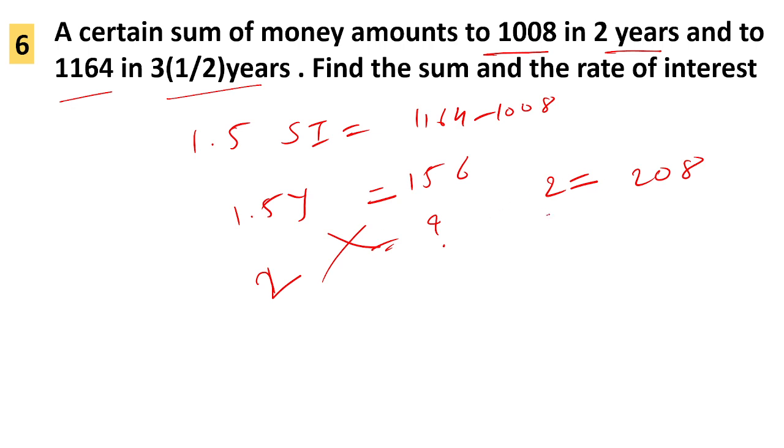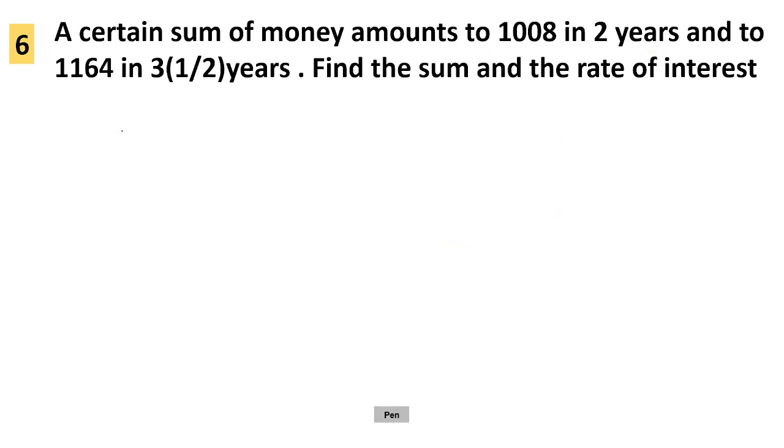Okay, so we got the 2 years simple interest, and we have the amount, so we can find the principal easily. Let's move towards this again. We got the simple interest as 208 for 2 years, that is T equal to 2.